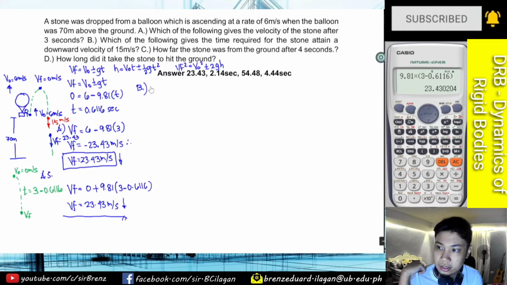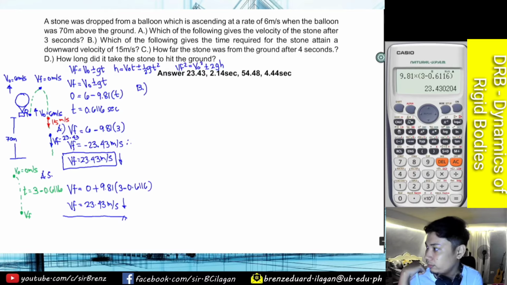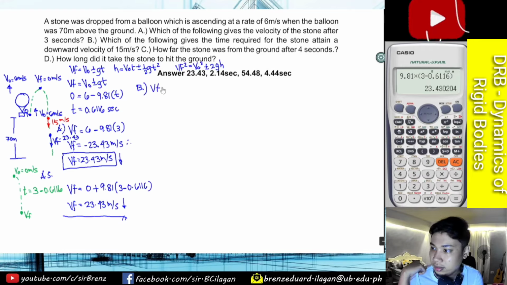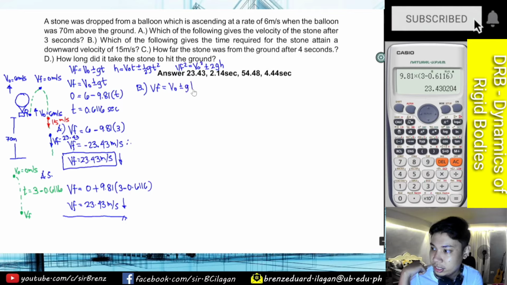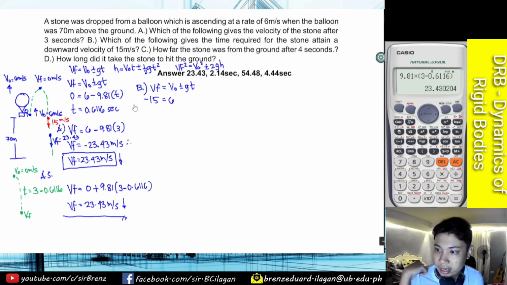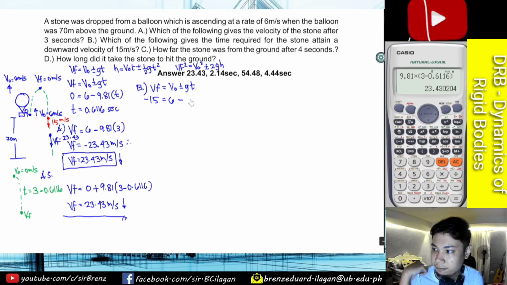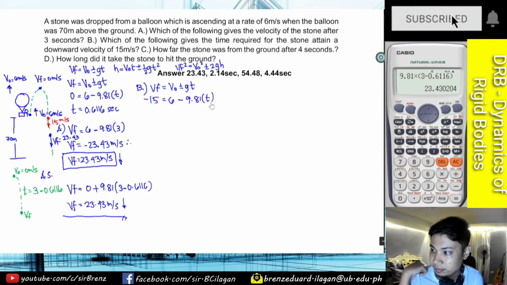So, if you're going to use the first equation, the final velocity is equal to the initial velocity plus or minus gt. So, the final velocity, since it is downward, will be negative 15. Your initial velocity is 6, and then minus 9.81 times the time t.